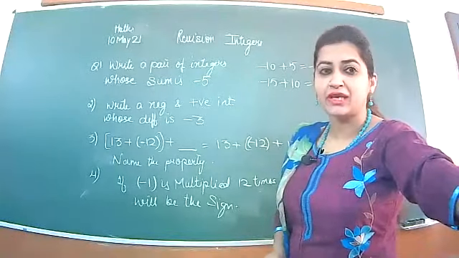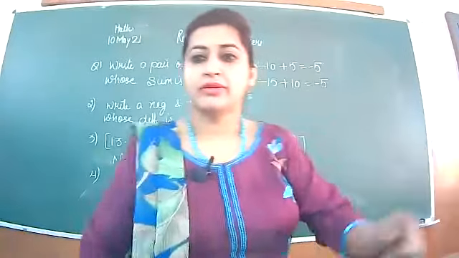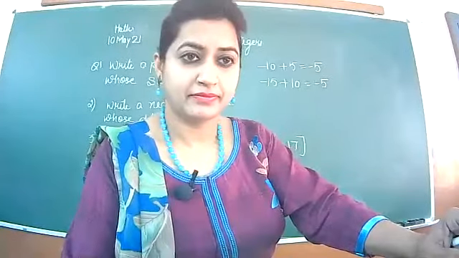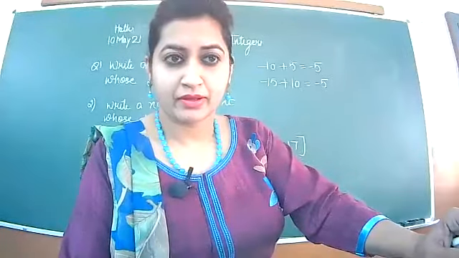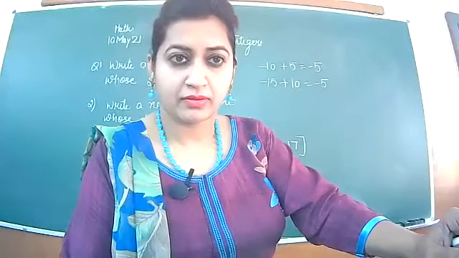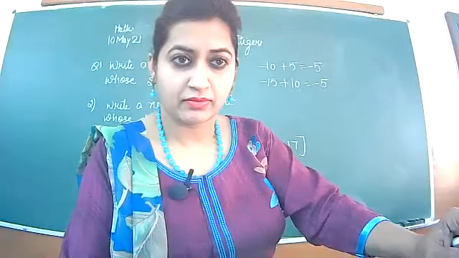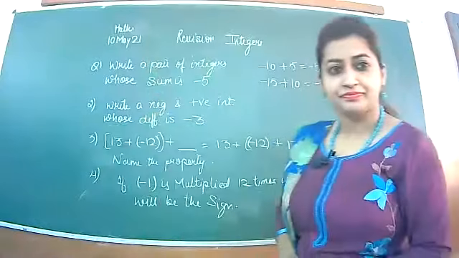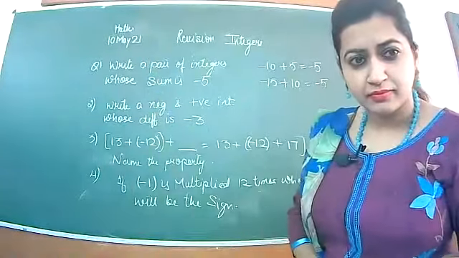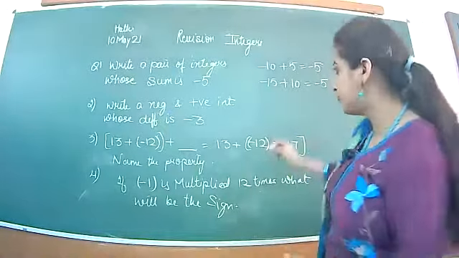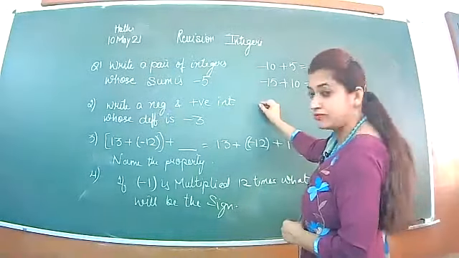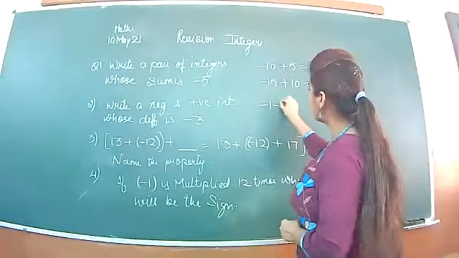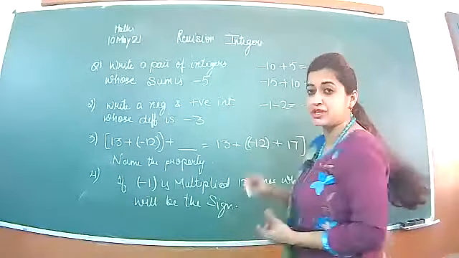Instead of 0, can you tell me any other number? Ma'am, -1 minus 2. -1 minus 2, that is -3.